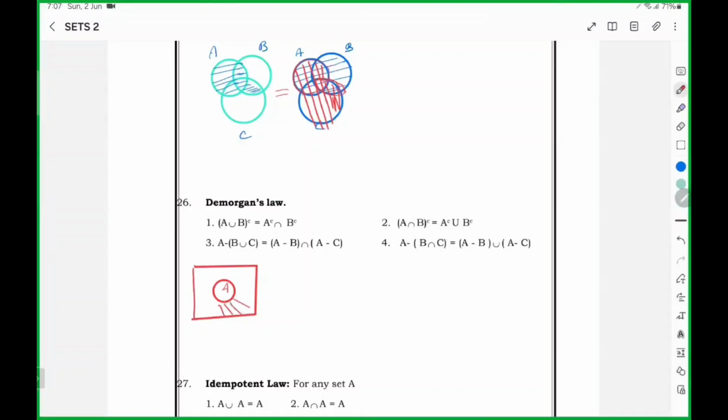A complement means outside A. Similarly, A union B complement means, this is A, here it is B. A union B complement means outside those two circles.